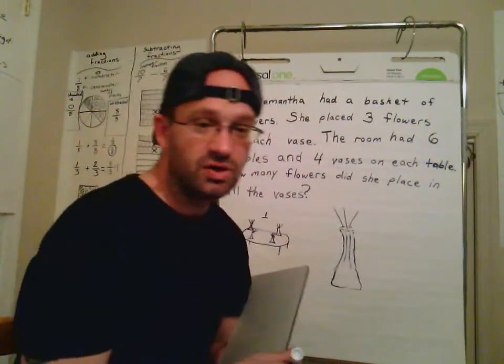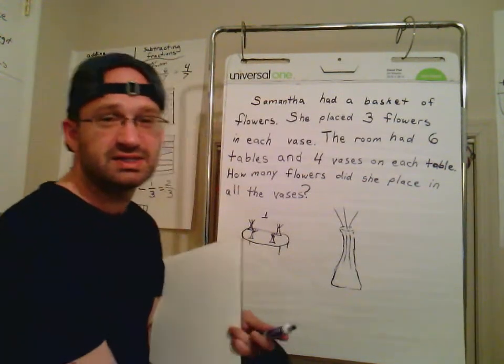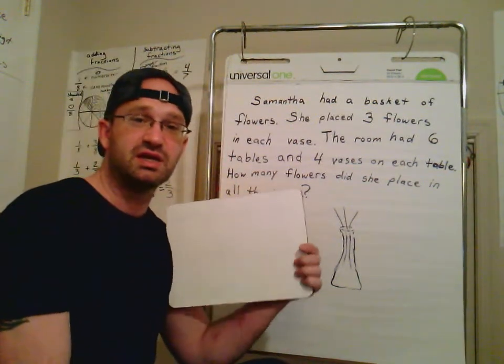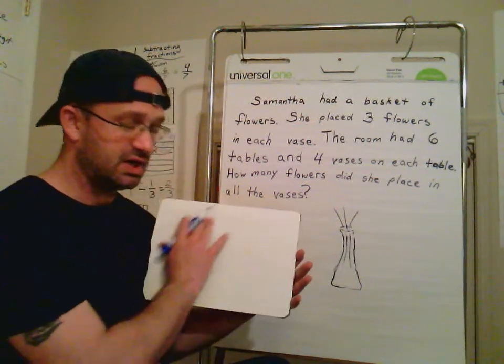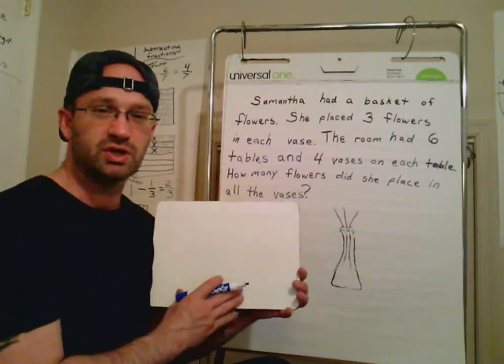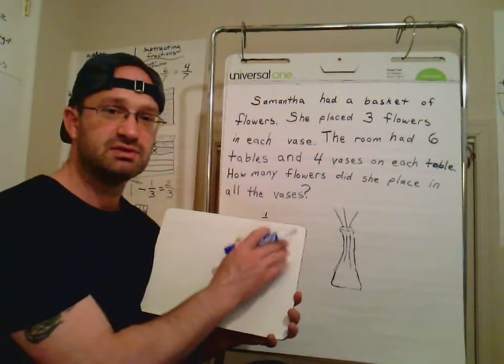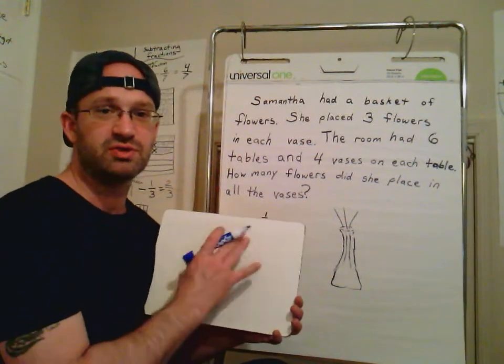Okay. So I was going through my mind and anticipating a lot of different strategies that I might be seeing this time. So someone was working on the tables first because they knew, hey, I have 6 tables. The vases go on the tables and the flowers go in the vases. So they want to start off with the base.